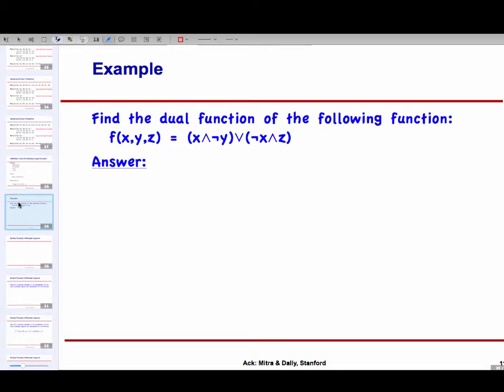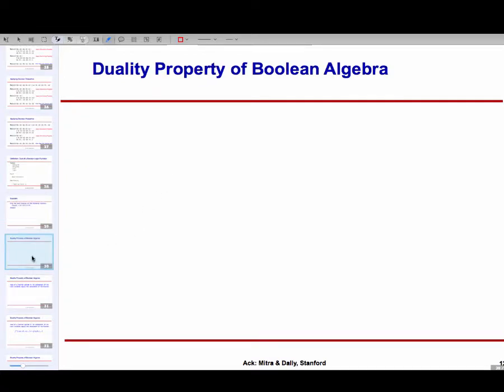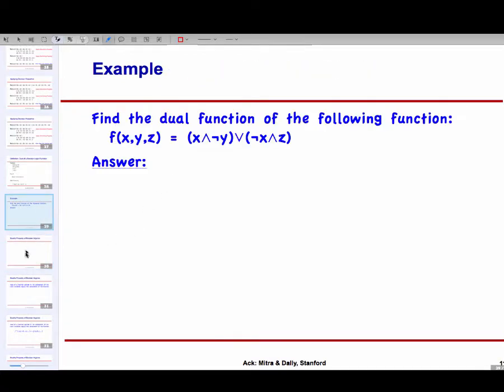So let's pop back about here. Let's look at an example of a dual. Let's say I give you this function. F of x, y, z is x and not y, or not x and z. And let's say I want to calculate the dual of that. So anyone want to help me out? What would be the dual of this? Anyone want to help me?